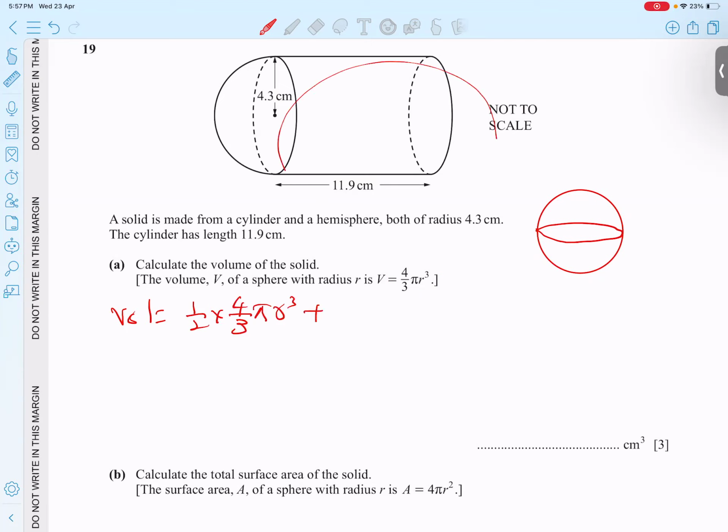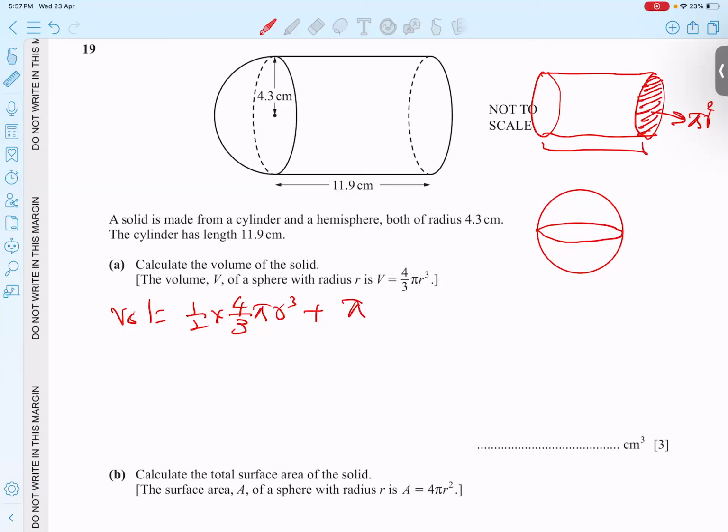And what about the cylinder? The basic formula for a cylinder is what, students? This is called cross area. Cross area is a circle, pi r square. And this is called height. So pi r square into h. So I'm going to plug in this 2, cancel with that. I can say 2/3 pi. What is the radius? 4.3. 4.3 cube.